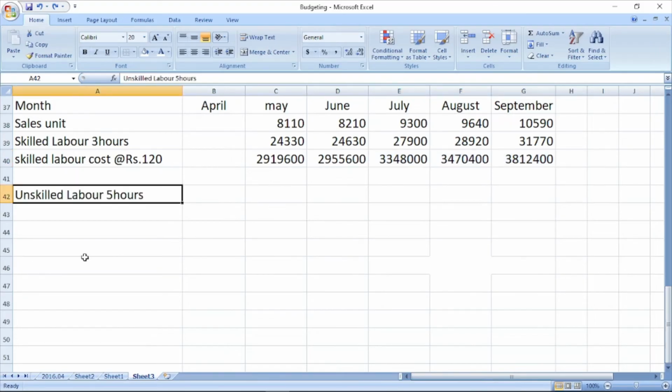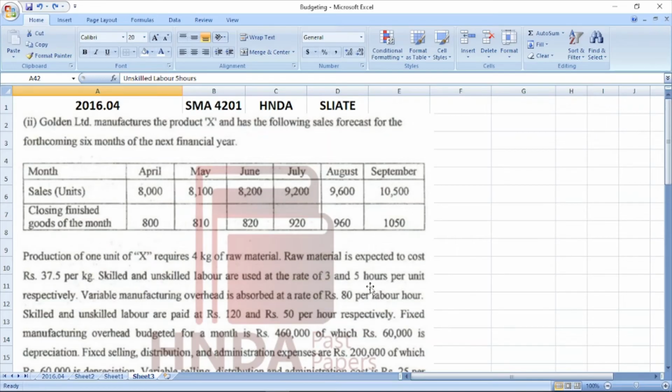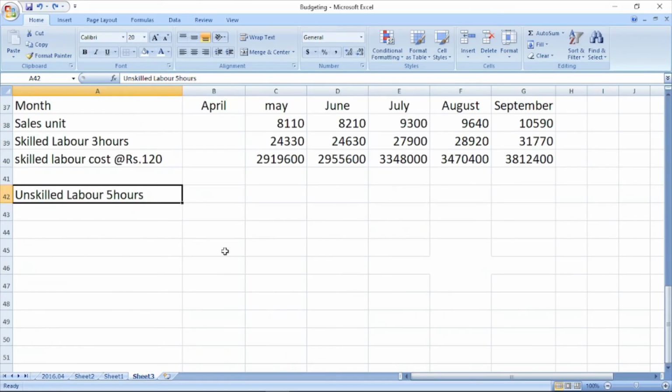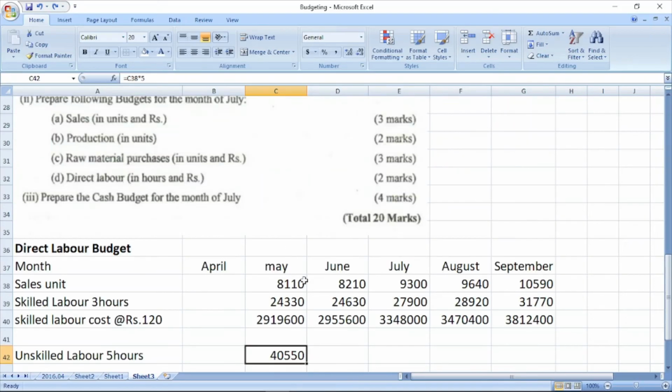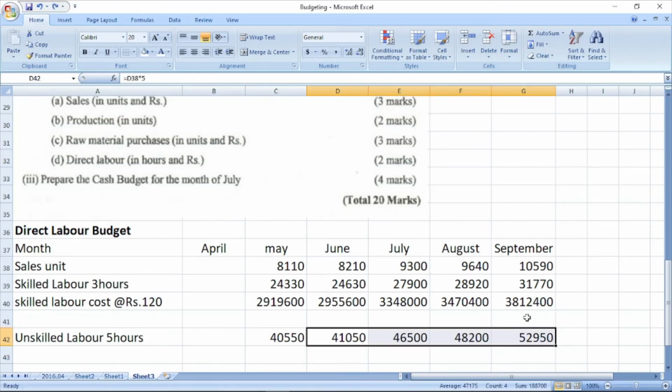Next, we know unskilled labor hours, we need 5 hours per unit, so 5 hours into relevant unit, we can get the hours requirement. So in this case 5 hours into 8,110 units, it is we need 40,550 hours. Likewise get the other value.